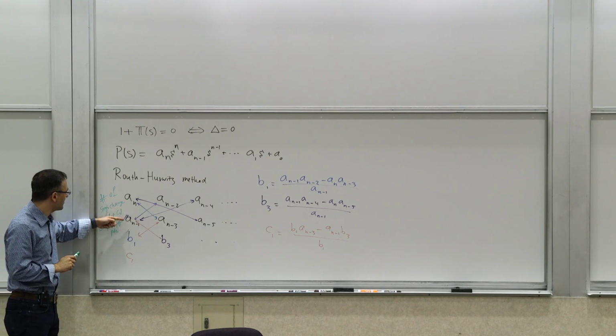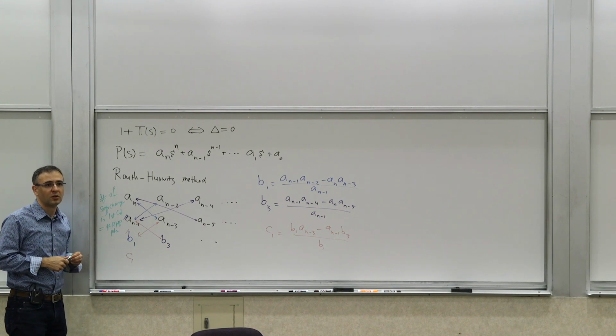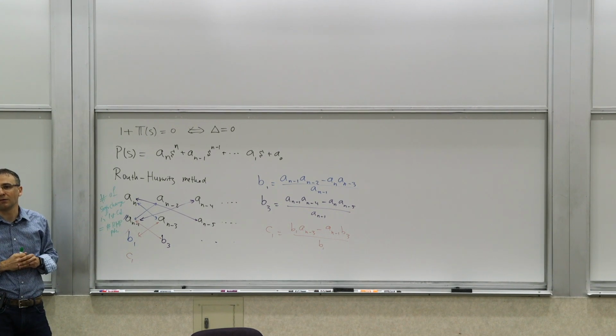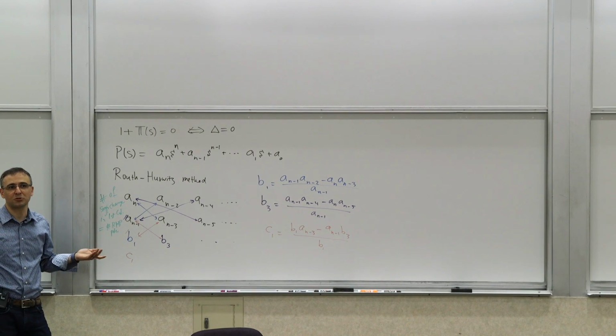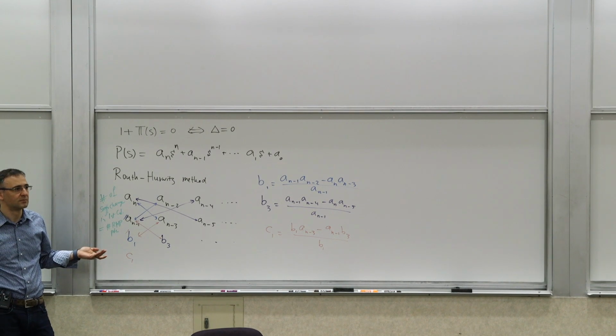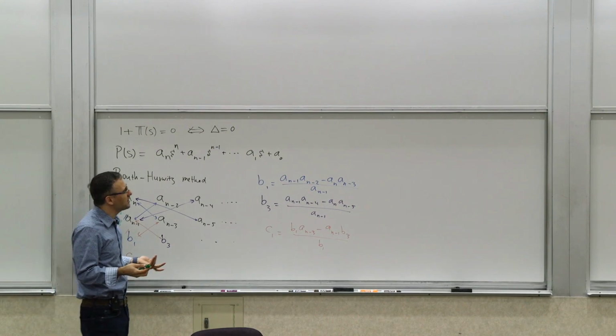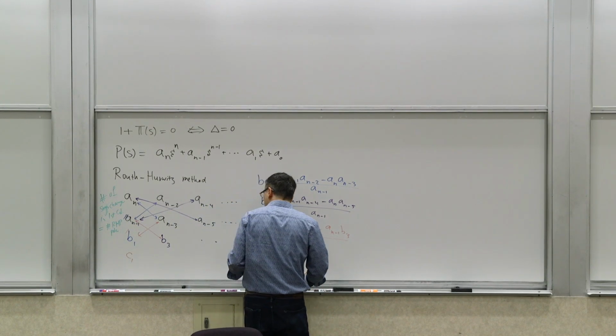So you see how many times this changes sign? That's the number of right half plane poles that you have. If it doesn't change sign, it means that you don't have any right half plane poles. And this is a pretty straightforward algorithm to follow.